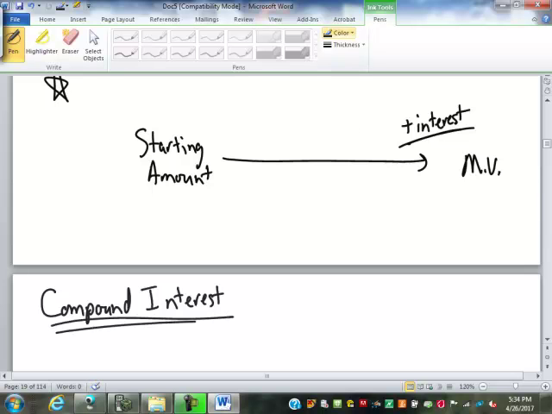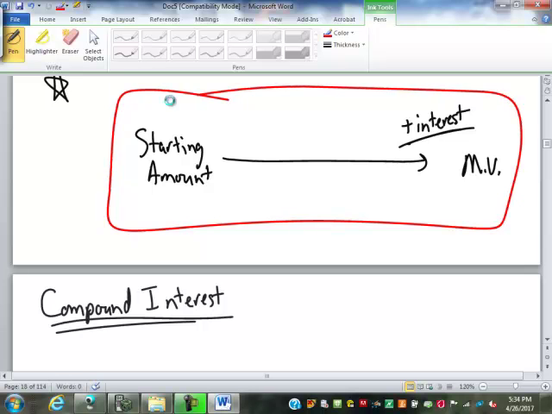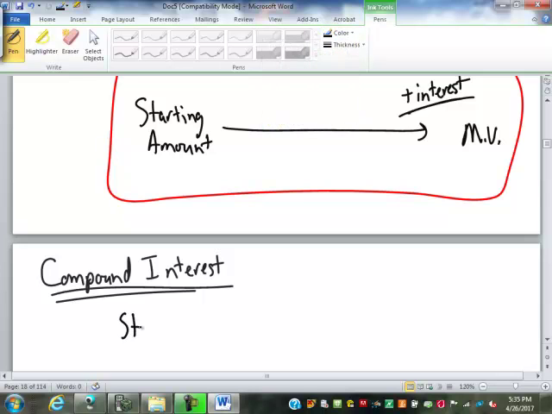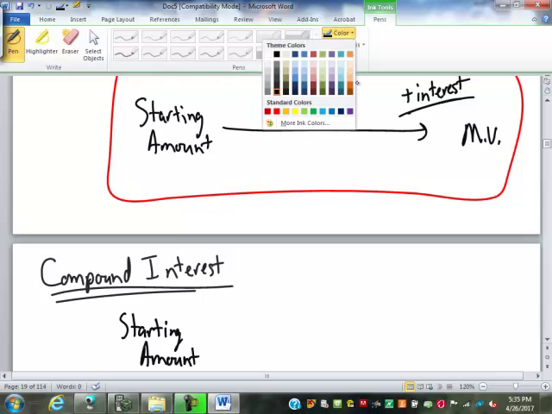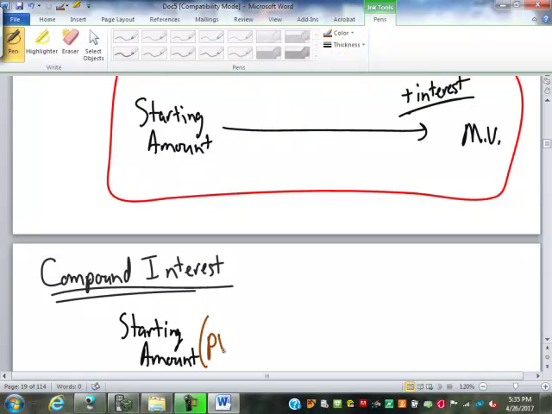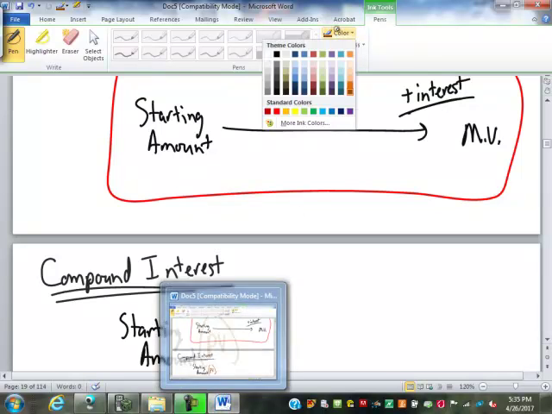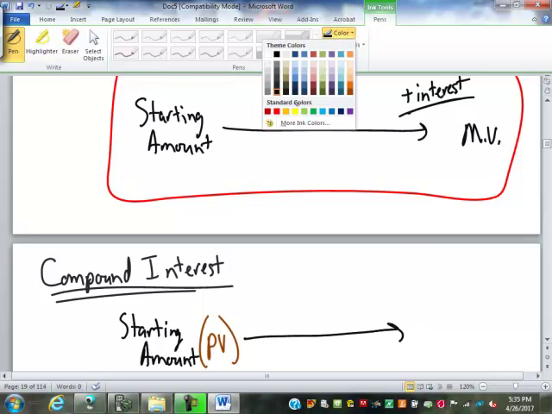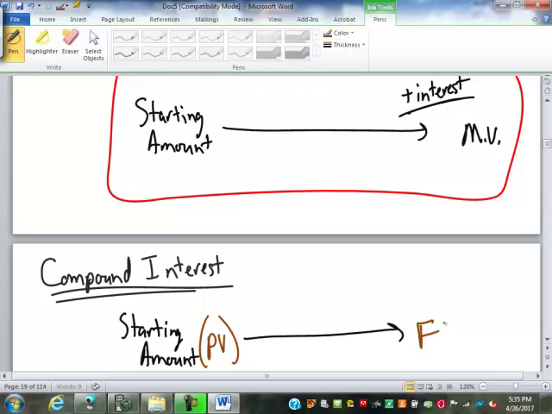Now, the biggest difference between compound interest and the simple interest that we're talking about up here, compound interest has a single starting amount, and that starting amount is called the PV, the present value, and that goes to an ending amount, which is called a future value.